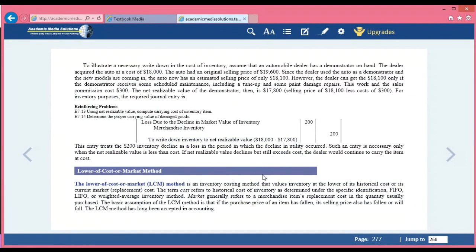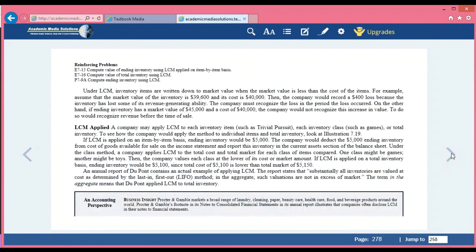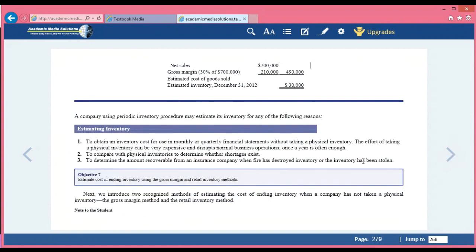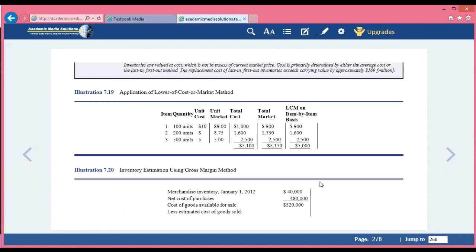I'm not going to make you go through the calculation for lower of cost or market on a test, but I want you to understand what it means. And they do have an example here. Okay, this company has inventory. Here's your total cost once they multiply it.